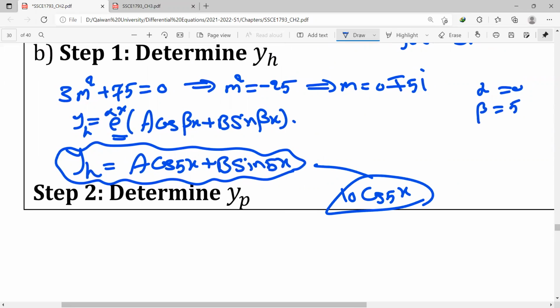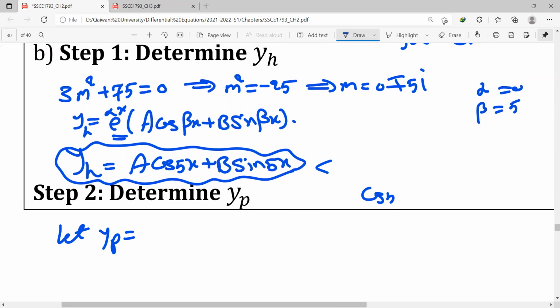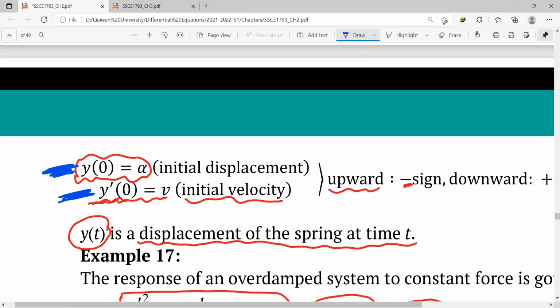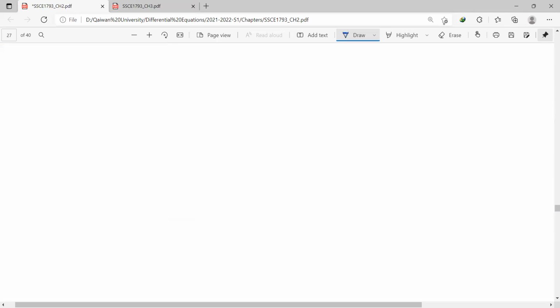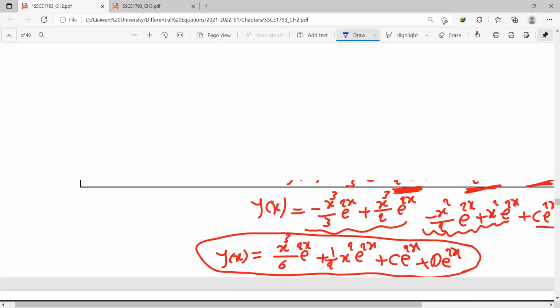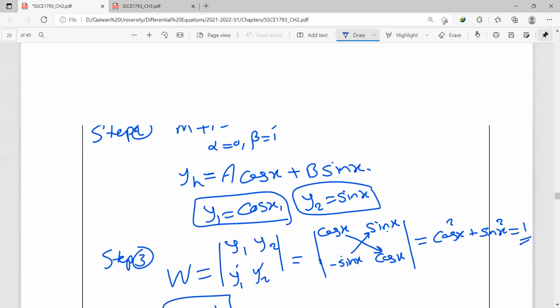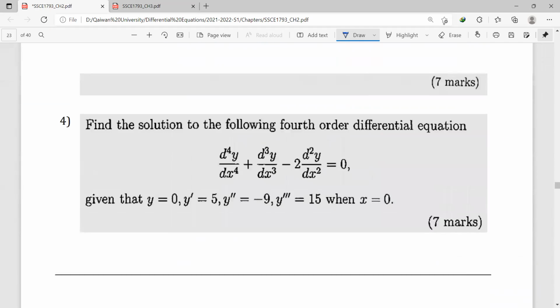Do you have similar terms between this and that? I mean, if we let yp be, sorry, let me write it down. As you see, it is c sine plus d cosine of the same angle.